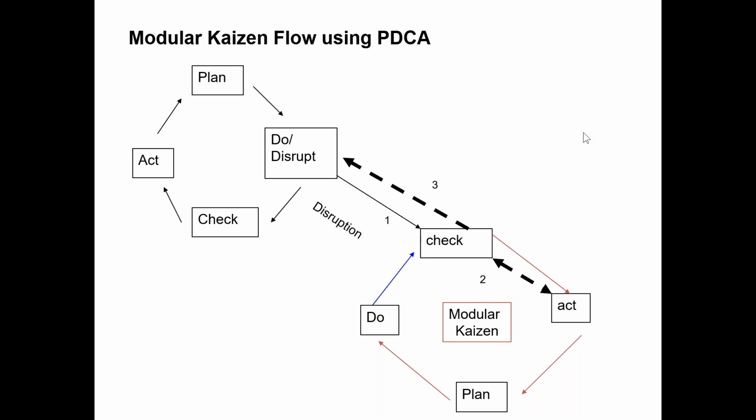Ordinarily, when our process is somewhat stable, we're going to stop at that lower right side act, and follow line number 2 back over to double check, and then finally line number 3 back into normal operation, which for those of us who know the standardized do, check, act cycle, the SDCA cycle, is the standard function of what we do when we run a process and when we go through monitoring. So that's really the concept of very quickly minimizing disruption, which is the essential purpose of modular Kaizen.